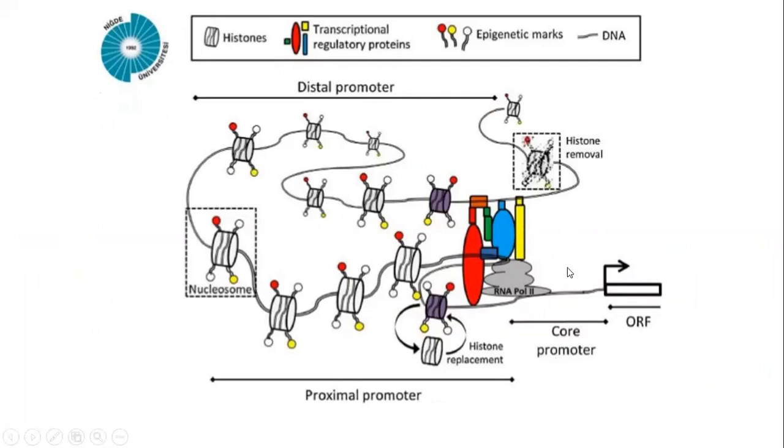A core promoter here, the ORF, and the start site here, where RNA polymerase binds, and then specific proximal elements here, and then the distal promoter elements far away in the histone regions. Remember that in a given scenario a few genes are always on and a few genes are off. So the histone unwinds and opens up the DNA, allowing mainly promoter elements to come and associate with a specific protein and turn on gene transcription and gene expression.